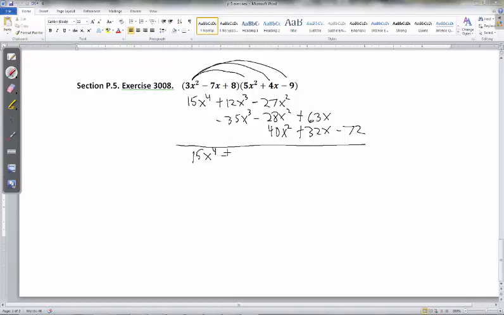That will be minus 23x cubed. That's minus 55, so add 40, that'll be negative 15x squared. That would be 95x minus 72.